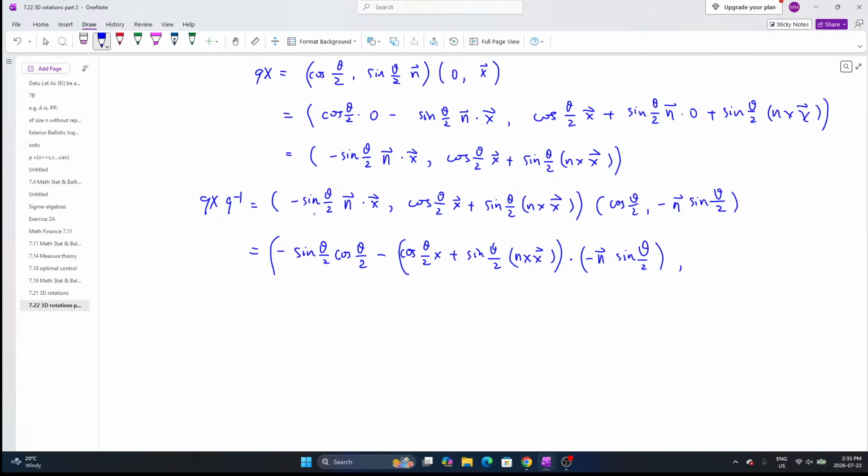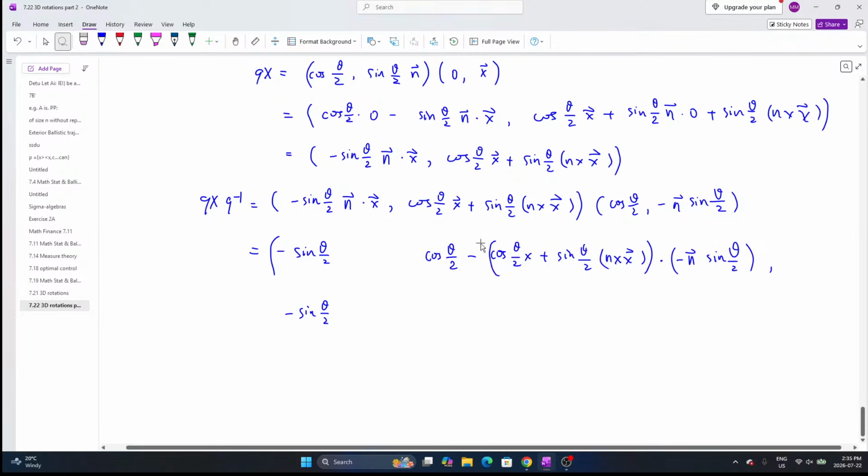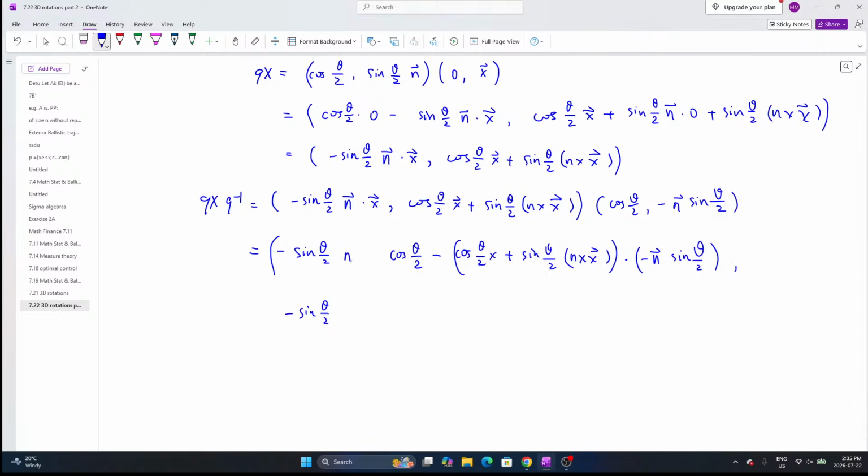Hold on a second. Oh, I missed something. I missed the dot product. That's not good. By the way, this scalar should be 0. So the real part, or the scalar part, should be 0, minus sine half theta n dot with x.